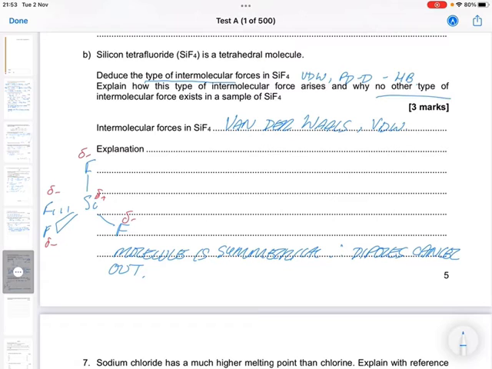So the van der Waals explanation is that it's due to an uneven distribution of electrons.